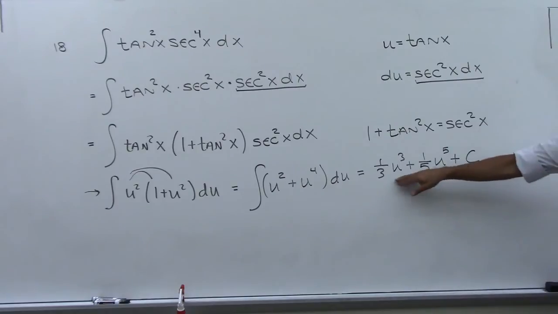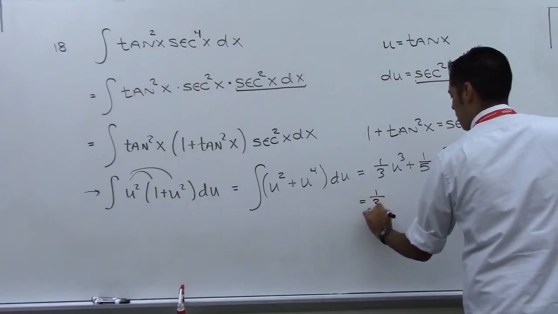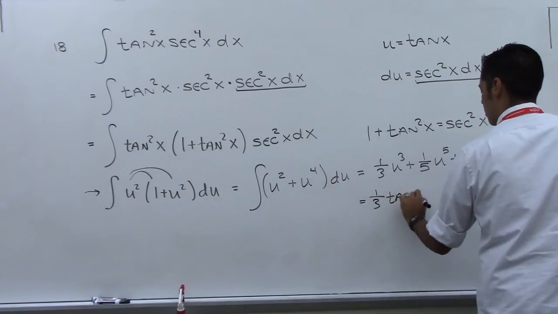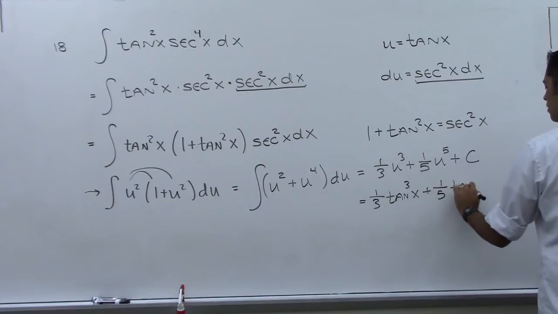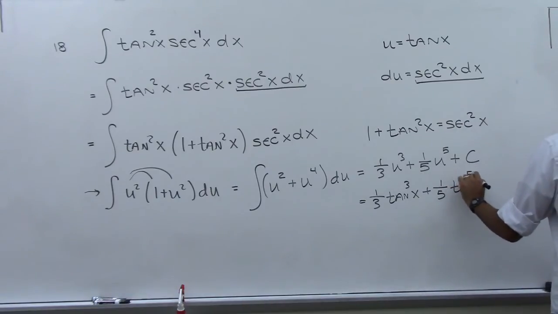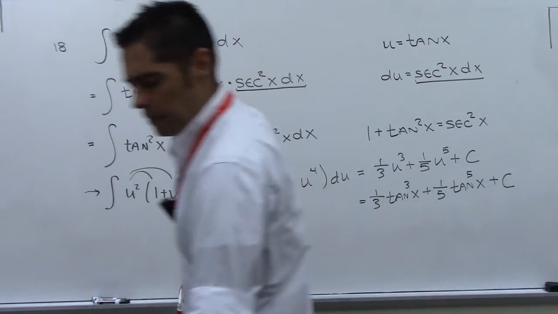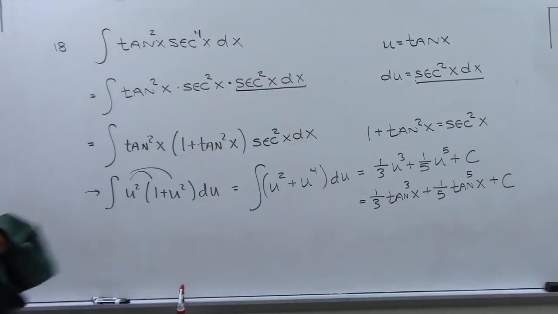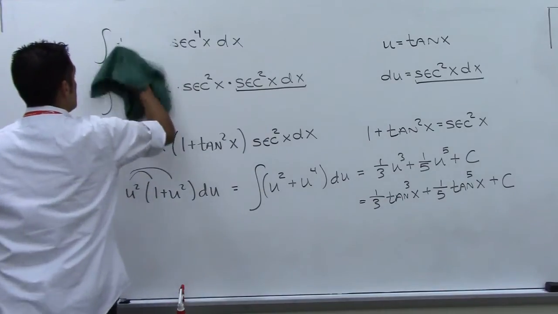And then replace our u's with tangent x. So 1/3 tangent cubed x plus 1/5 tangent x to the fifth plus c. And that's our answer. So showing you two different strategies when you have tangent and secants together.